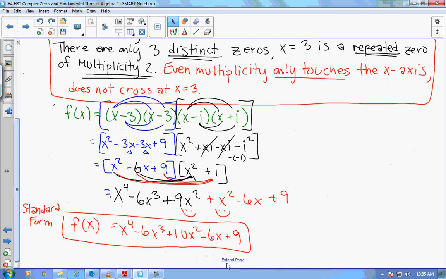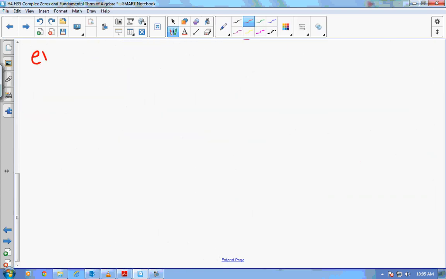So, example 9. This is like the last problem we ended with last time.